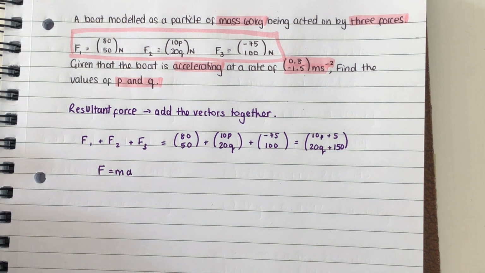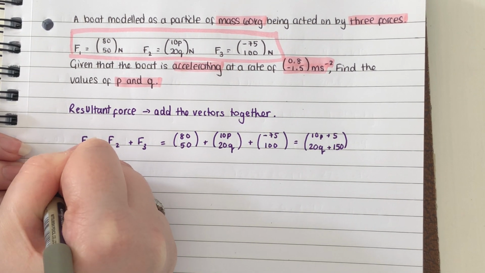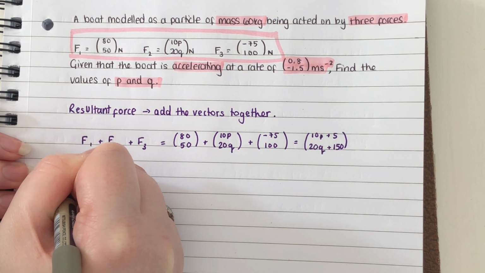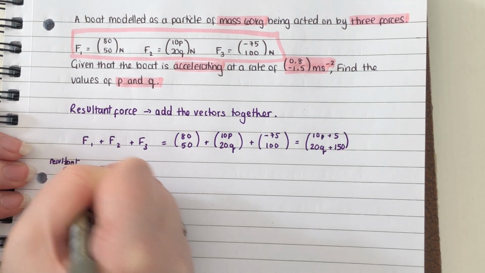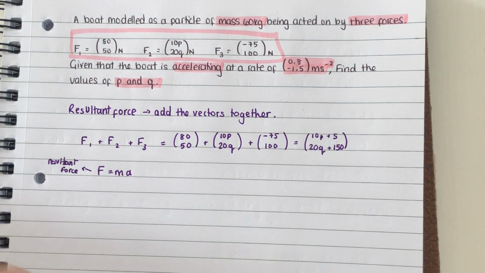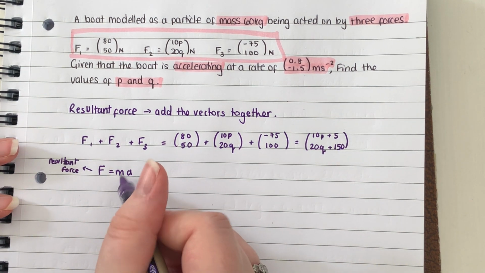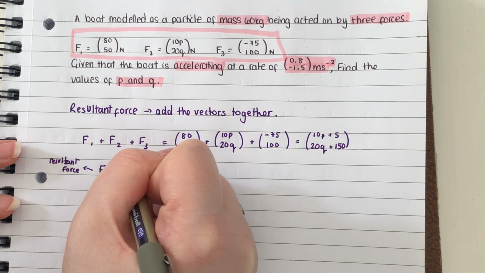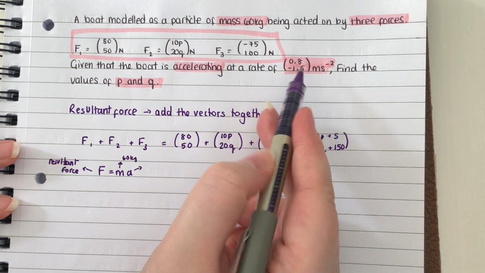We're also going to be using F equals ma, a formula we've been using quite a lot at the moment. The F is our resultant force. That's the only force now acting on the particle, because we've added them up. The mass is the 60 kilograms, and we know the acceleration because it's the bit here.